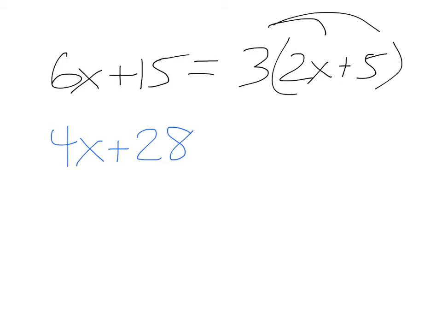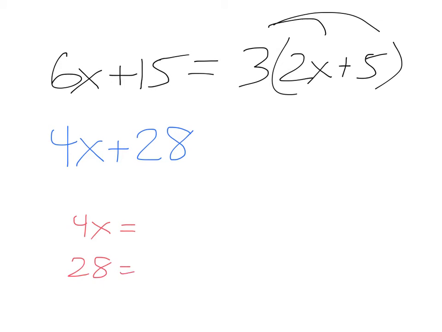Now, if I'm looking for the greatest common factor, I'm going to take both terms of the expression and try to figure out the greatest common factor. Obviously you probably have seen it already, but let's go the long way for a second. Let's say I have 4x and 28.